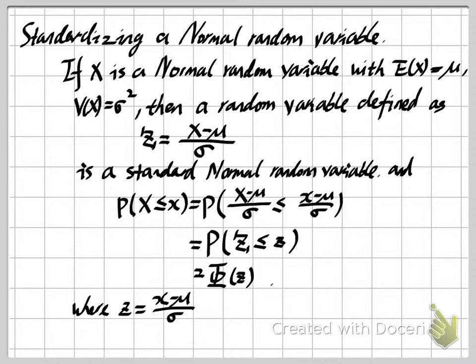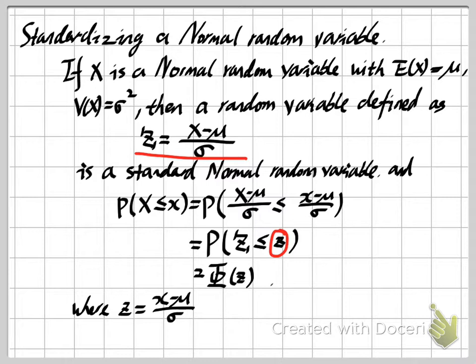Also, this equation gives us the relationship between the CDF, or in other words, the probability of our random variable being smaller or equal to a specific value. If we try to find the probability of our original random variable X smaller or equal to a small x, then this is equal to the probability of our new random variable capital Z smaller or equal to a small z.